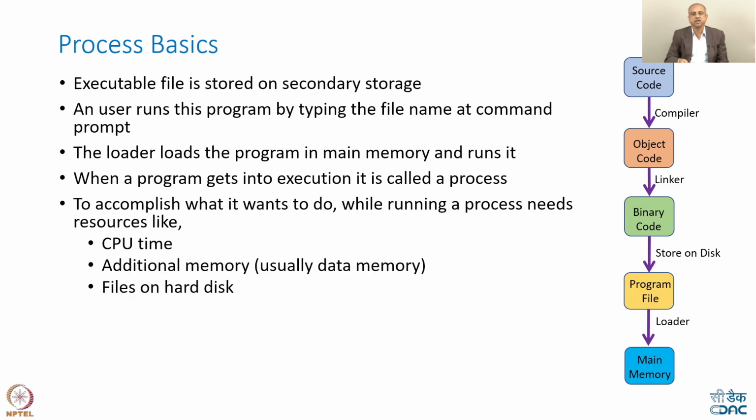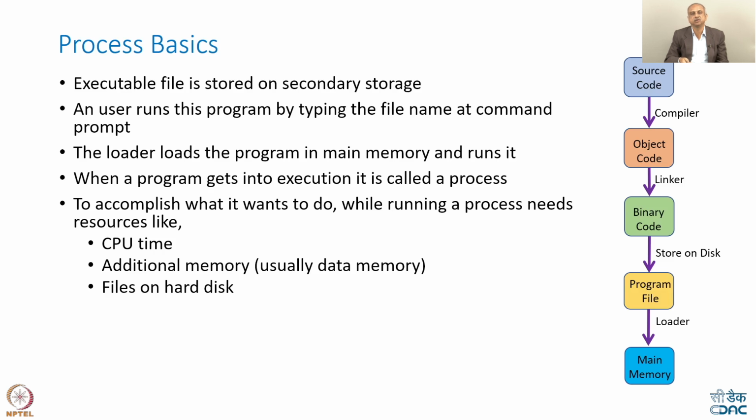To accomplish what the program is supposed to do, let us say it is taking an input file which contains certain numbers and trying to sort them. If that is what it is supposed to do, then while running it will need certain resources like CPU time.